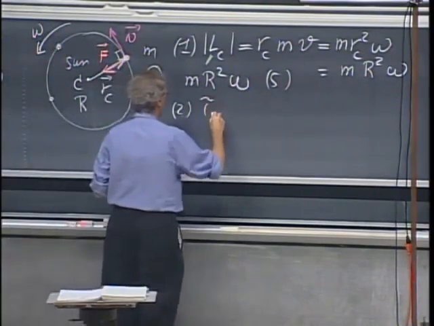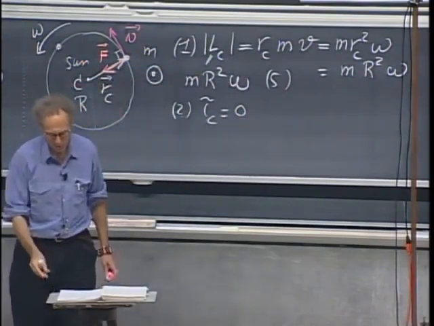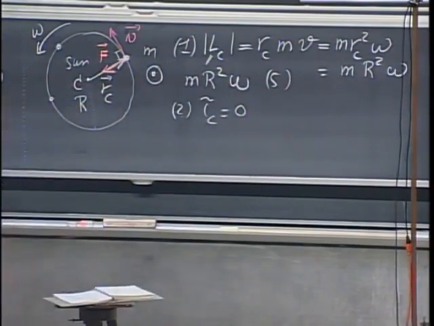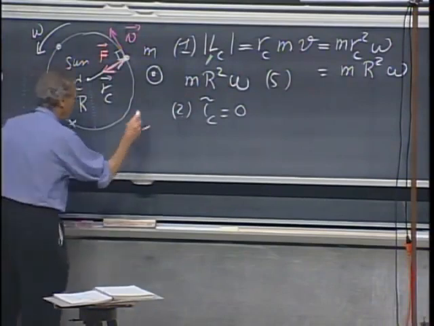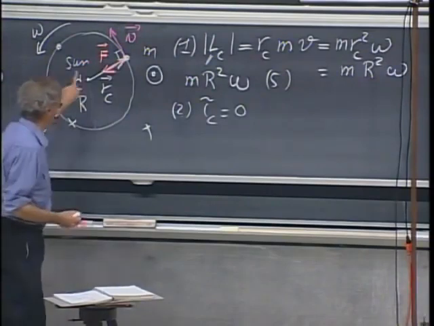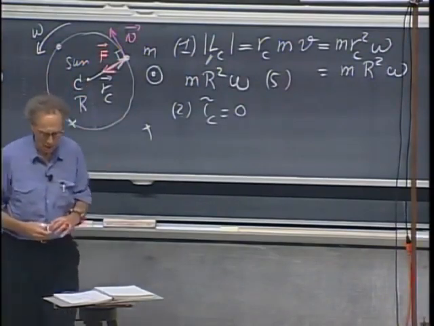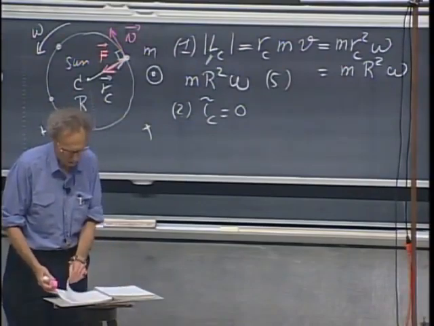And so the torque relative to point C is 0. So I also know that the angular momentum is not changing relative to point C, but only relative to point C, because any other point that you would have chosen here or here or here, there would have been a torque, and the angular momentum would be changing. So there's something very special about this point C. Angular momentum is only conserved, in this case, about point C.